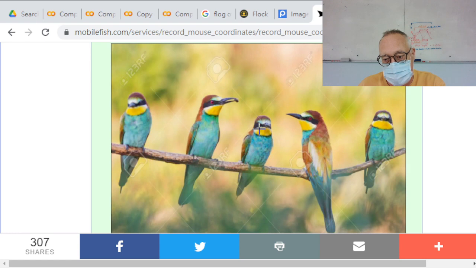So for this area, let's take these two coordinates.